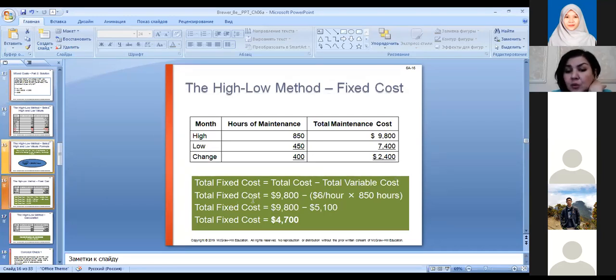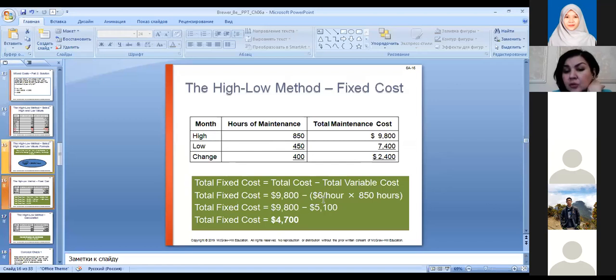Total fixed cost using our example. Let's take the high activity level. What was the total cost for the high activity level of 850 hours? It was 9,800. It is the total cost minus total variable cost.